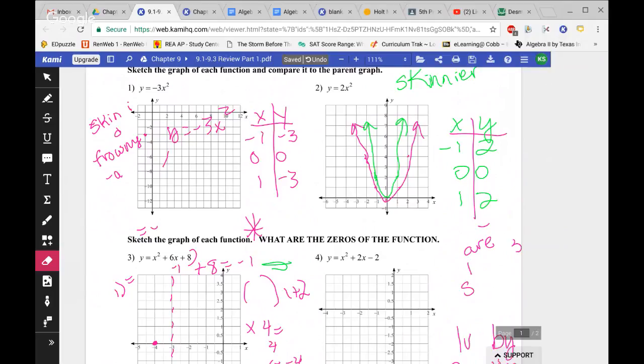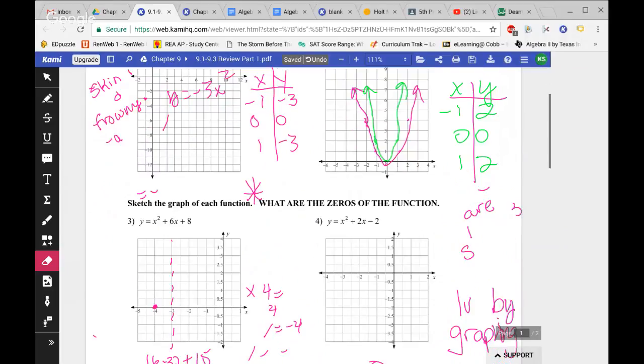So a couple things that I can tell you, on number 3, if you'll look at number 3 on the review there, I know that I can factor that one, because there are 2 factors that add up to be 6. So that's going to be where it's going to cross the x-axis.